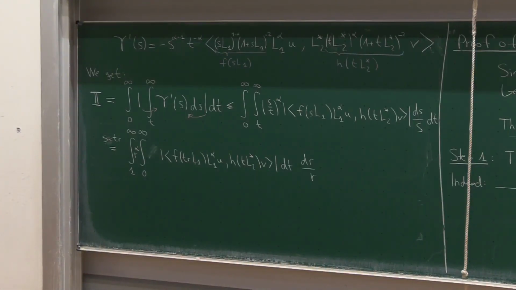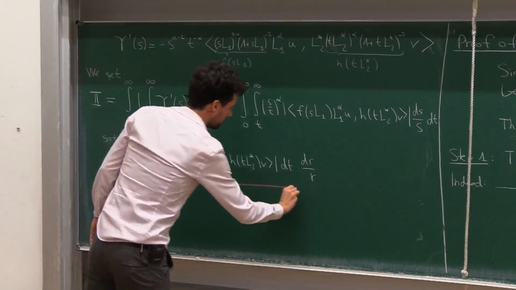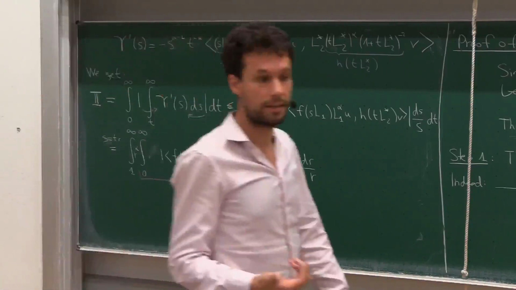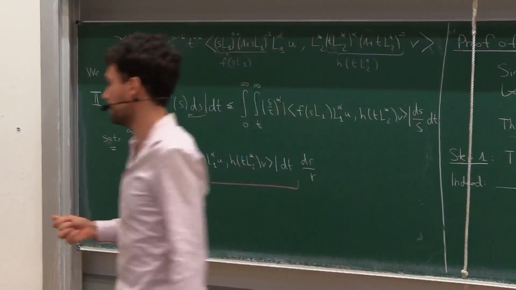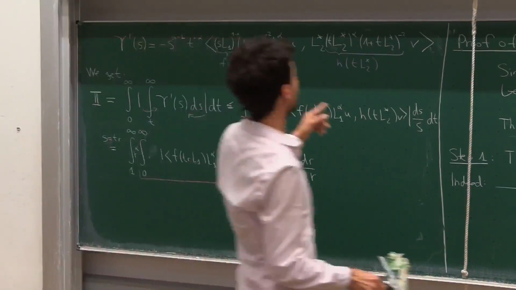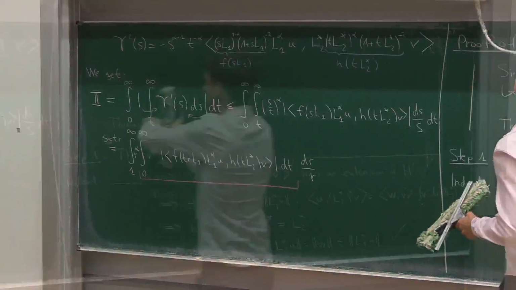And now I have to estimate this monster. I'm going to clean the blackboard, and while I'm cleaning the blackboard, you're going to have a look at this inner integral in T and tell me if we can do something good with it. If we can control it in a way. Just have a look at what we did in step 3 and see if we can do the same thing in step 4 now.